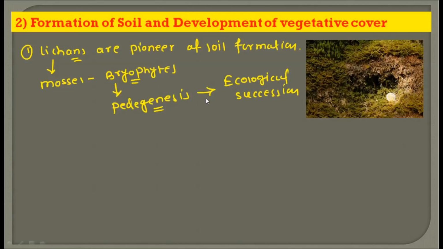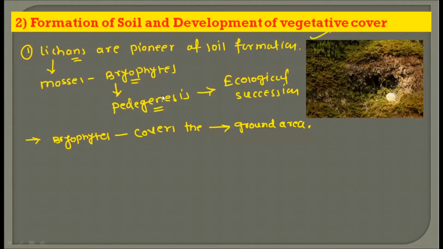So, in an ecological succession, both lichens plus bryophytes help in the process of pedogenesis, that is the formation of soil. All right. The second part is the vegetative cover. Now, as we have seen in the last slide, the bryophytes cover the whole ground area in forest. So by covering the whole ground area, it gives support to the other plants and animal species to survive in that condition.